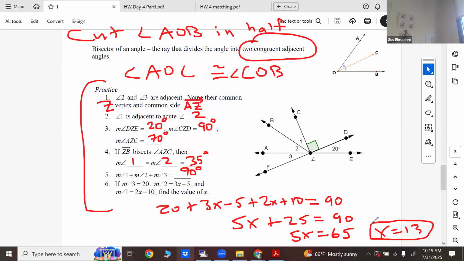So Z, the corner, Z, right? So the vertex is Z. And the common side, Z. That's the common side.